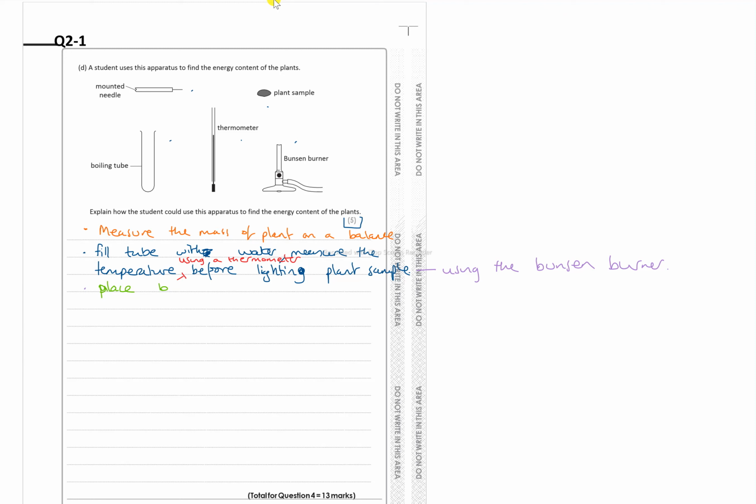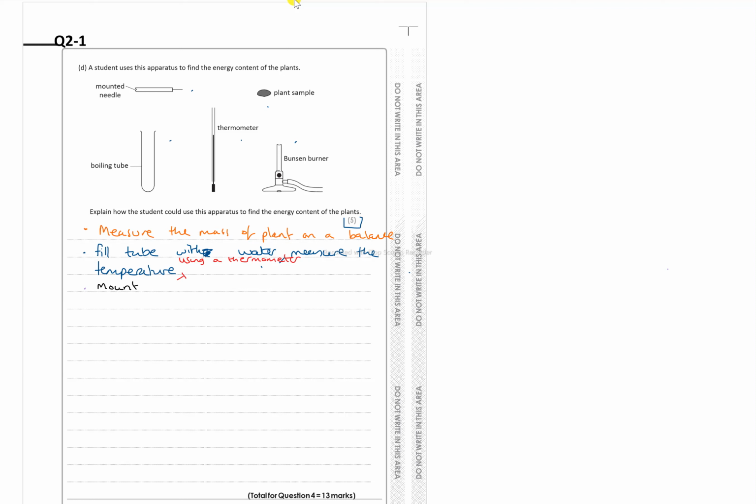Right, I'm not happy with that. Let's write this separately, because it keeps everything in check. You've measured the mass, you've done that.